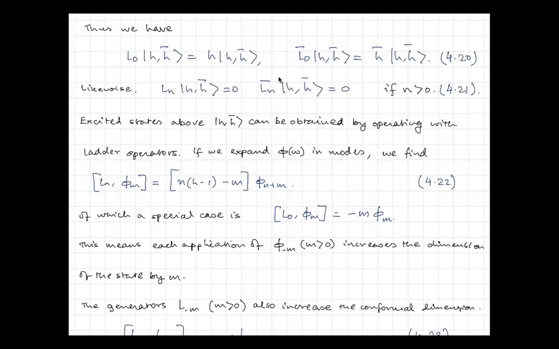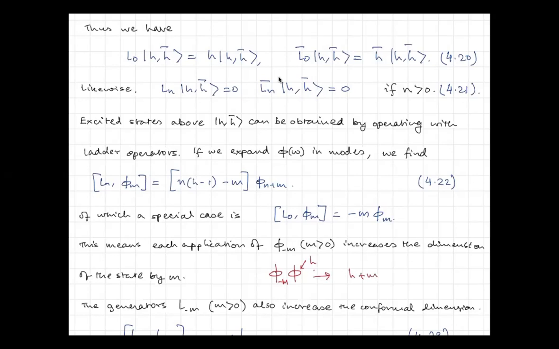So if there was something which was phi, and you hit it with phi of minus m, then if this had a weight h, the weight of this particular state is going to be h plus n.